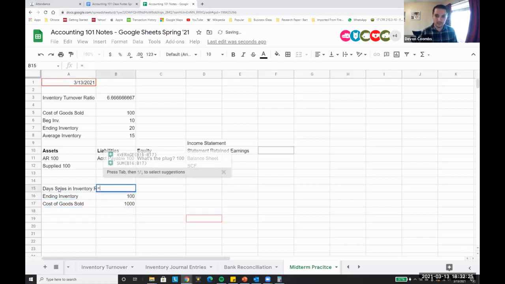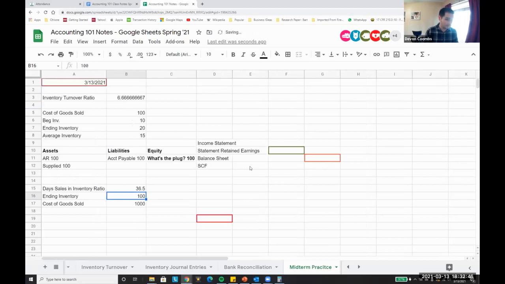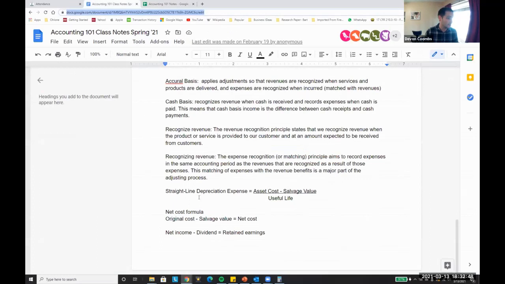Days sales in inventory is our ending inventory divided by our cost of goods sold, times 365. That tells us how quickly our inventory is on our shelf before we sell it. Right? So these are things we need to understand. Feel free to take notes on this or on your sheets, right?